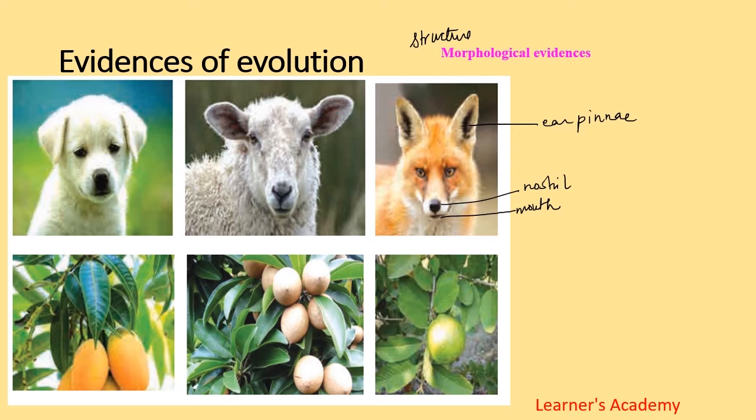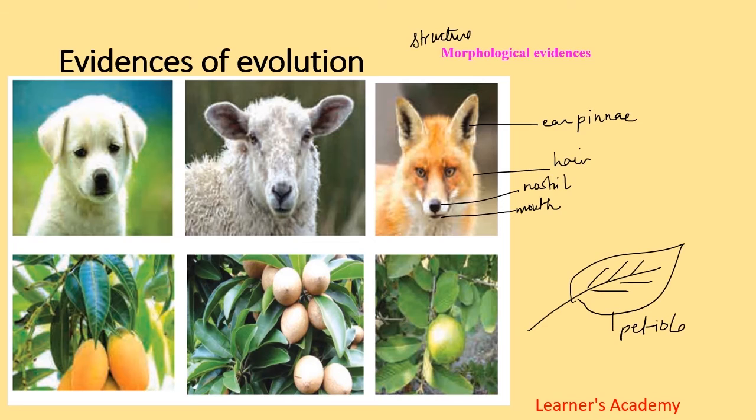In plants also, shape of leaves, leaf venation, leaf petiole, there is a similarity in the form and appearance. When you observe these similarities, you can get the idea that their origin must be the same and they must have had common ancestors. So these similarities in the form and structure are morphological evidences that support the theory of evolution.